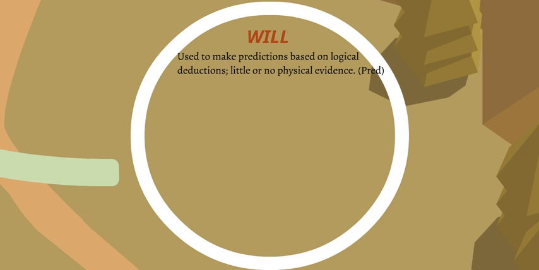So it's used to make predictions based on logical deductions. There's little or no physical evidence, or the evidence comes from research, like computer models that indicate what the weather will be. These are models. These aren't something I can see. So there's really no physical evidence, but there's a lot of logical evidence.